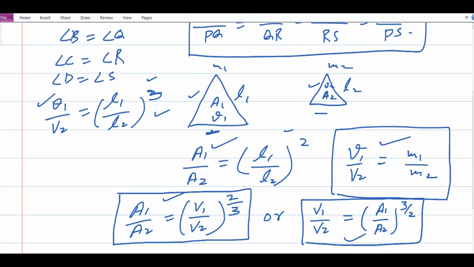I placed it somewhere here. Just hold on one minute, please. I missed the file that I have for the similarity practice.